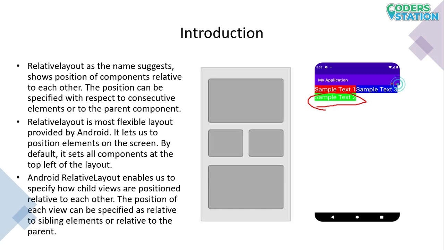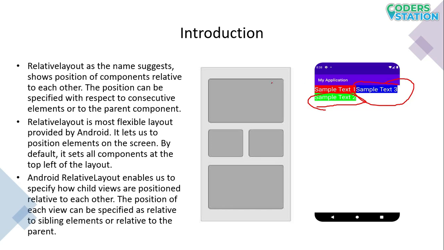Similarly, when we placed sample text 3 on the screen, we mentioned the relation with the first element, sample text 1, in the fashion that sample text 3 will be displayed on the right hand side of sample text 1.